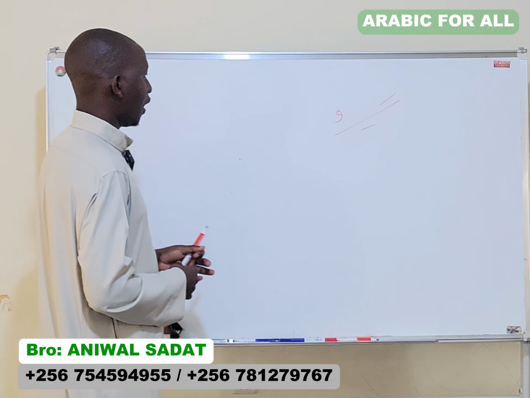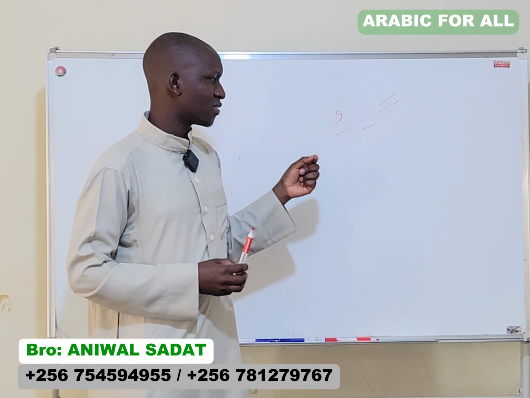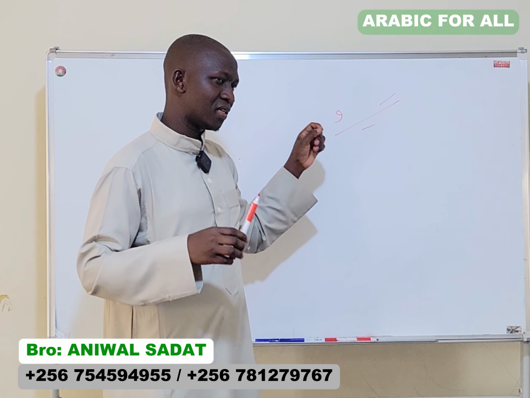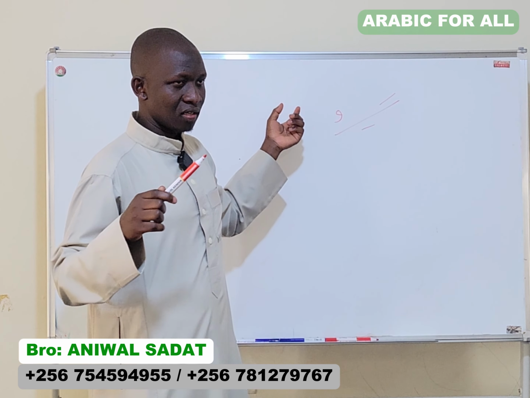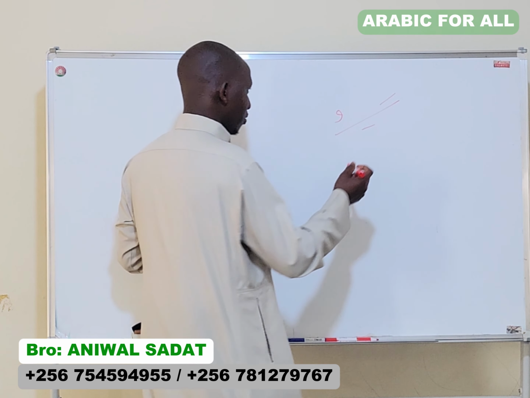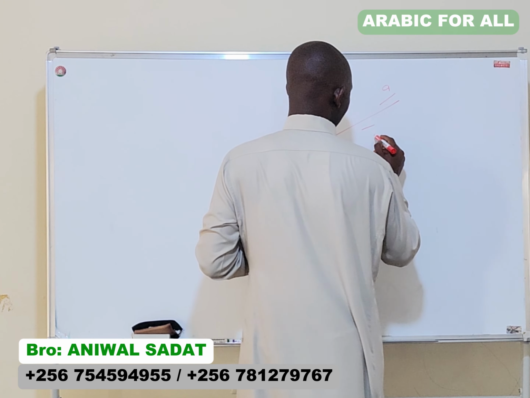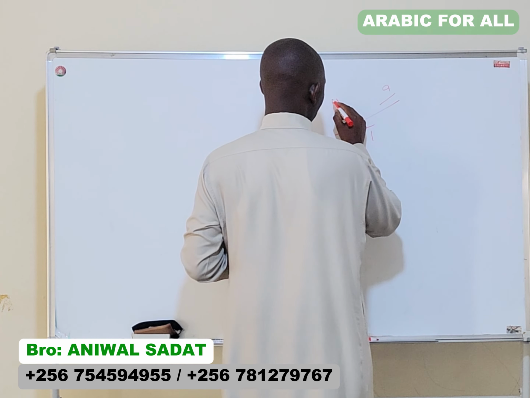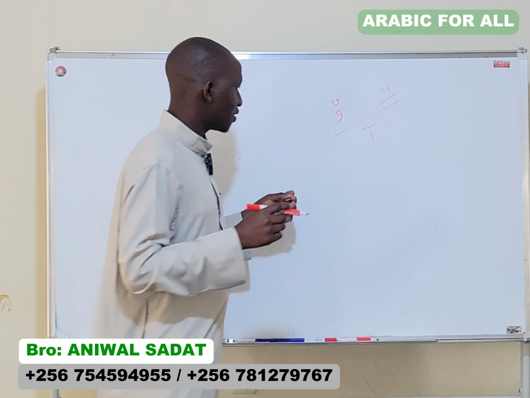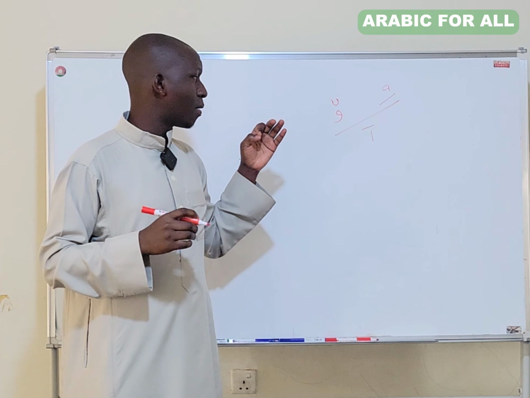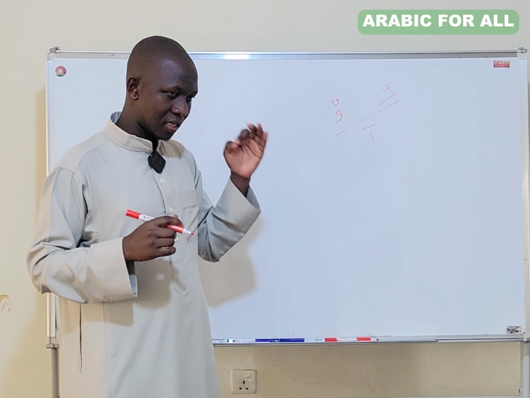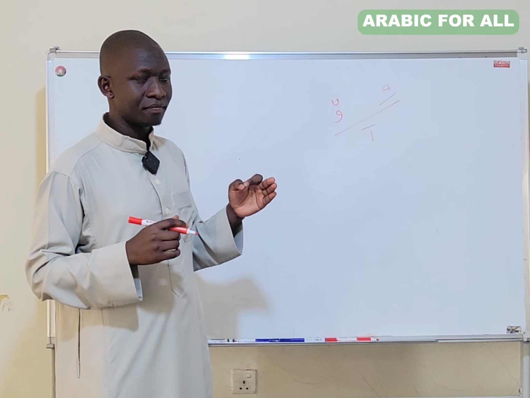Now, after knowing that Arabic has vowels that act similar to the English vowels, which are basically three, where we say this one is a, then this is e, and then this is u, Arabic has more other vowels that give sound to a letter.